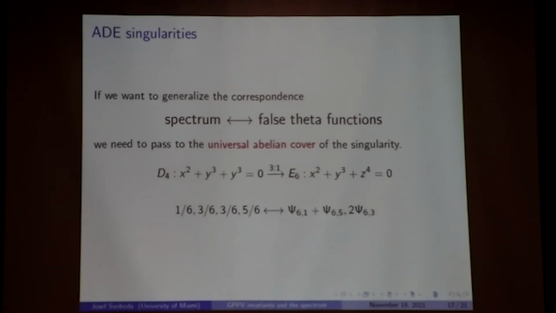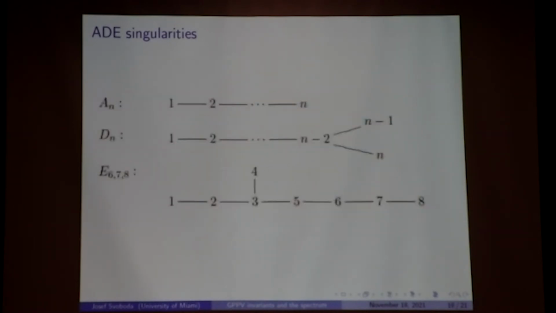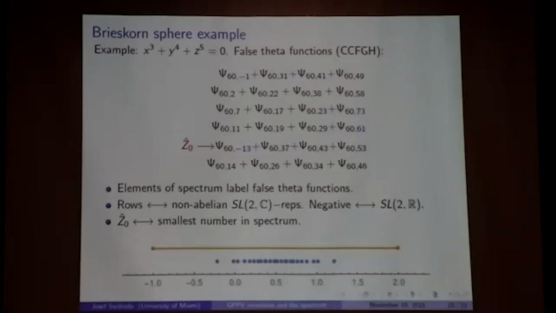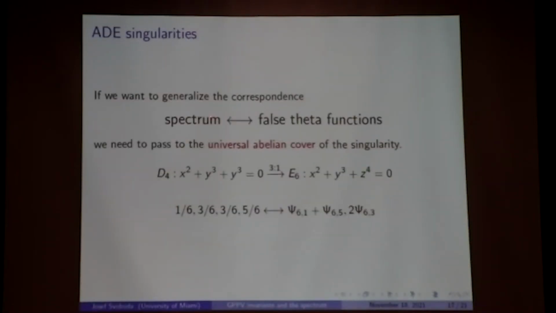Yeah, and so if you want to generalize this correspondence of the spectrum and these false theta functions, the false theta functions are here. If we just try and compute the spectrum of say E6, it will not work. But we can pass through the universal abelian cover of the singularity.